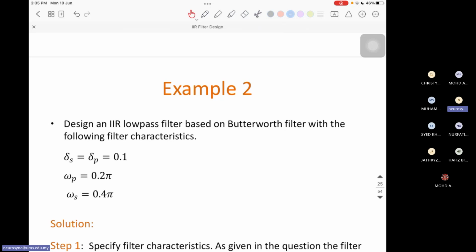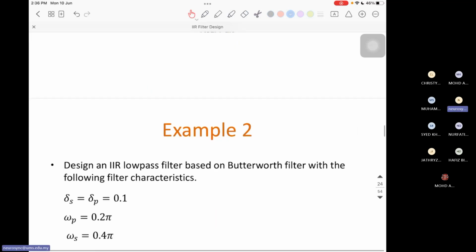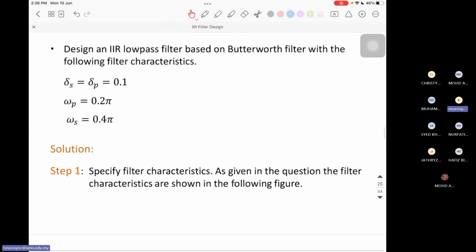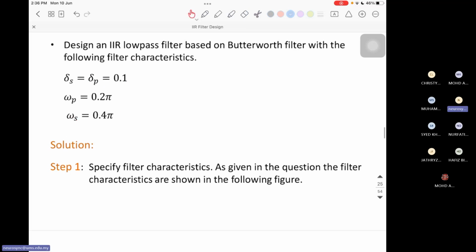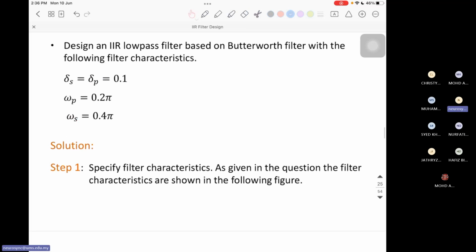Now, the next example: design this IIR low pass filter based on the Butterworth filter with the following filter characteristics. Here the pass band and stop band ripple is given, and the pass band and stop band edge frequencies are also given.